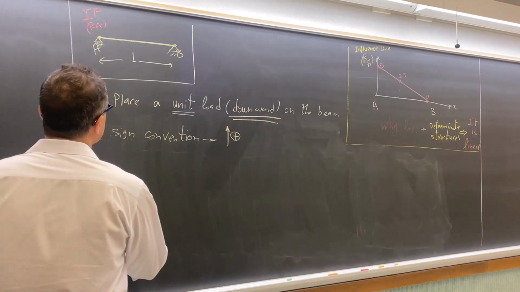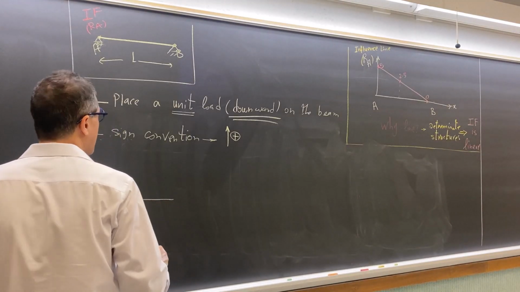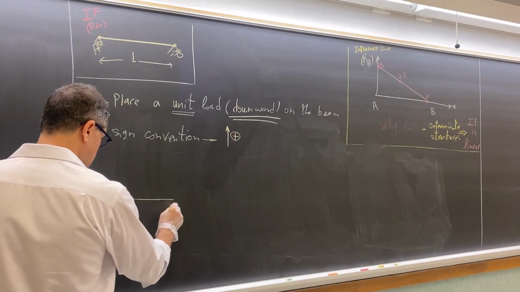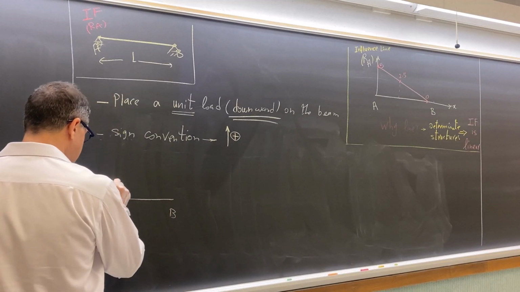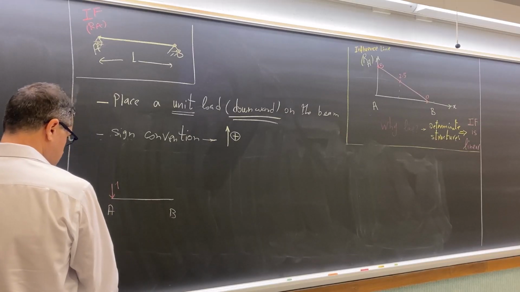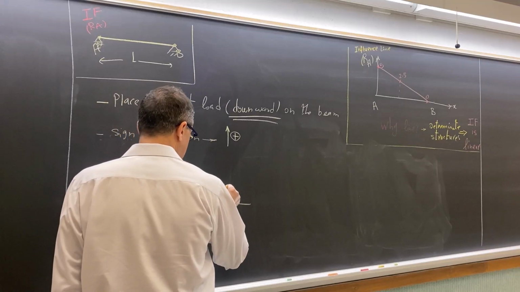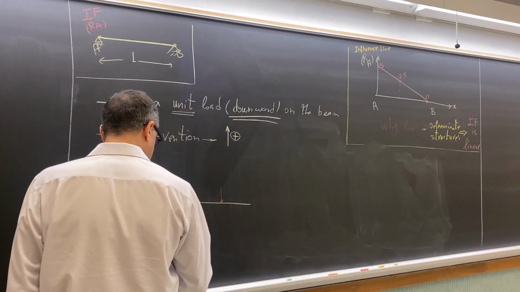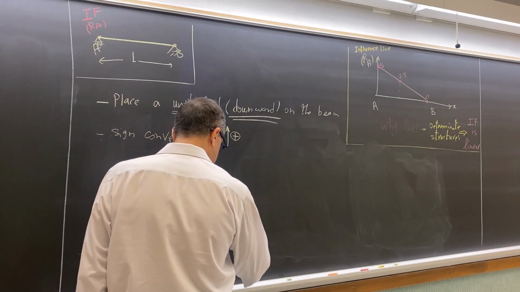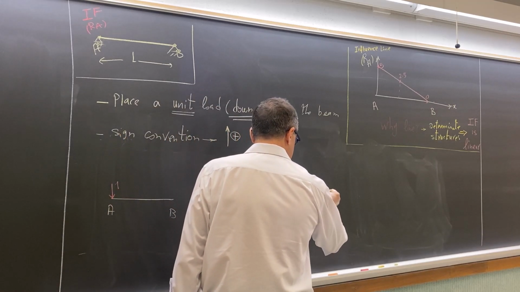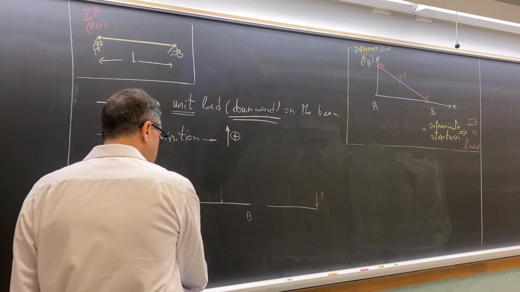So now we do it. We have a unit load at point A downward. Second scenario, we place the unit load right in the middle of AB. And the last scenario, we just place the unit load downward at the end.